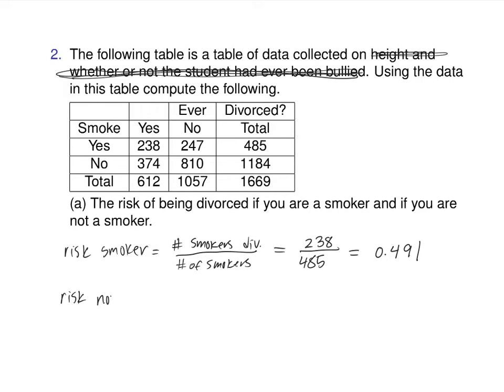Risk for non-smoker. So how many non-smokers divorced? Number of non-smokers divorced is 374. Number of non-smokers is 1184.